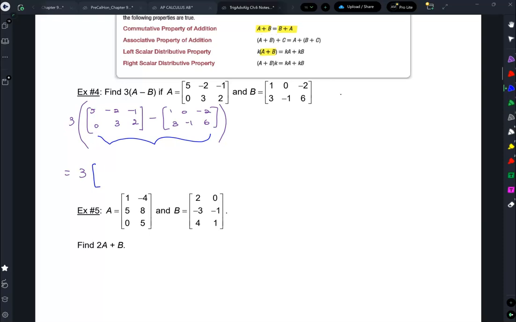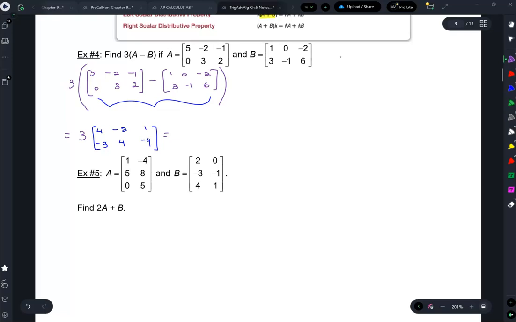All right? So what do I get in the first row? 4, -2, -1, -2, 1, 0 minus 3, -3, 3 plus 1, 4, 2 minus 6, -4. Is that right? Yes. Then we're going to multiply the 3 into this.